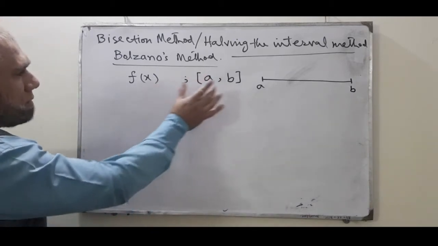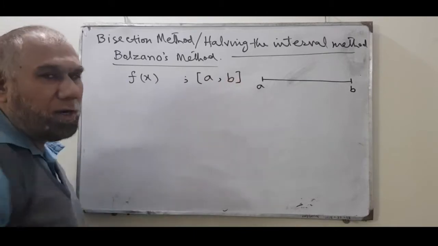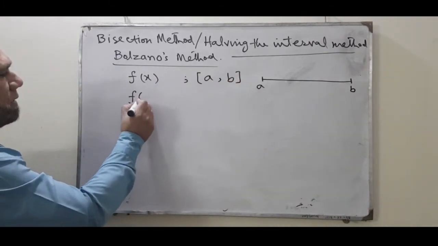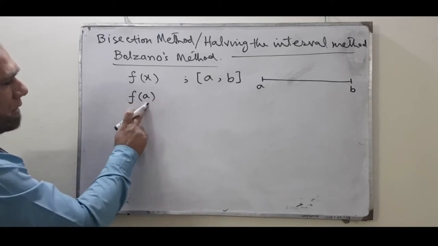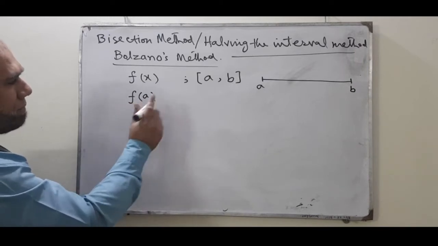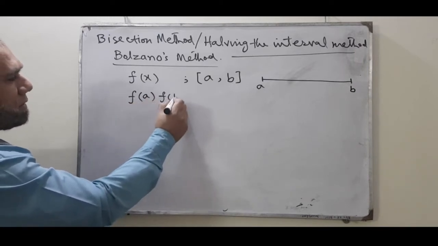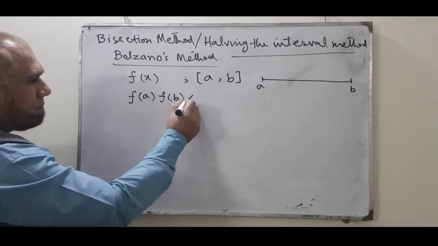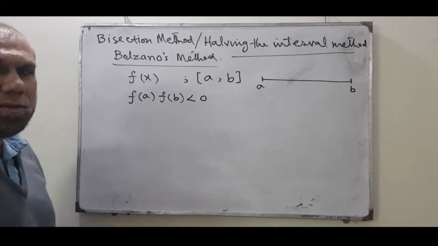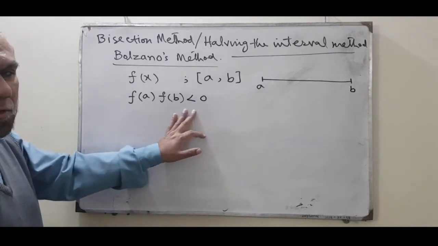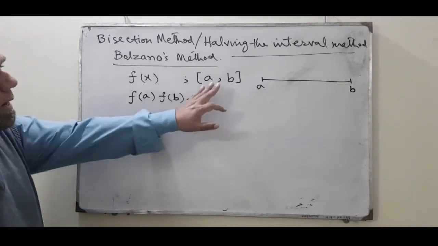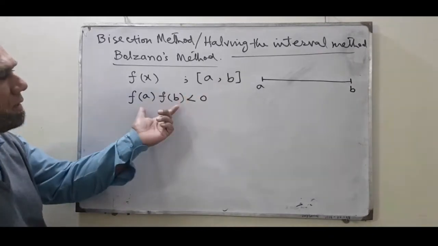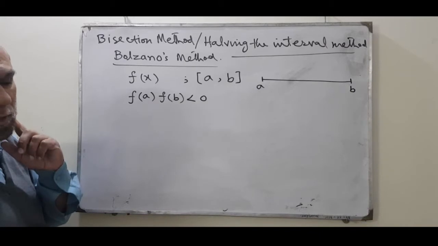For these two endpoints, the function must satisfy a condition: the value of the function at a, the left hand point, and the value of the function at b, the right hand point, their product should be negative. This is the condition which must be satisfied in order to guarantee that the root is somewhere in between these two points. This is the most important condition for the bisection method.